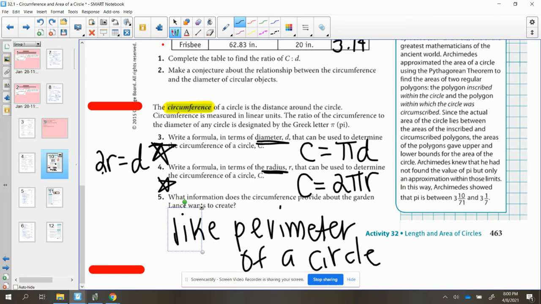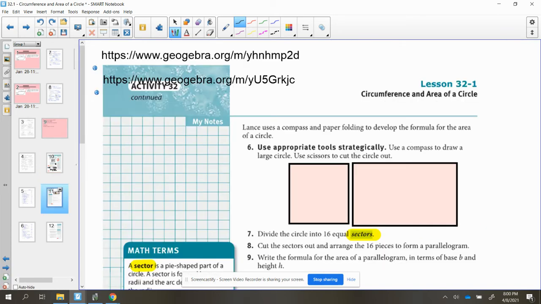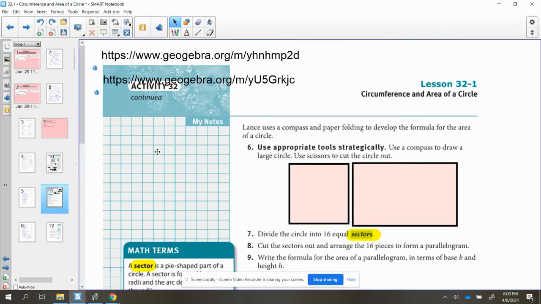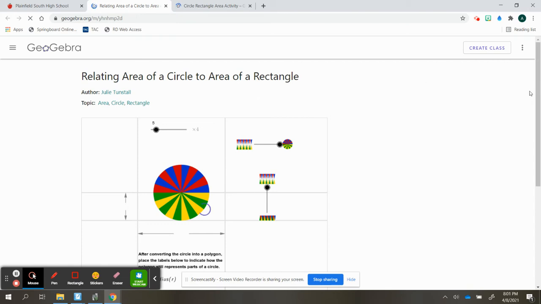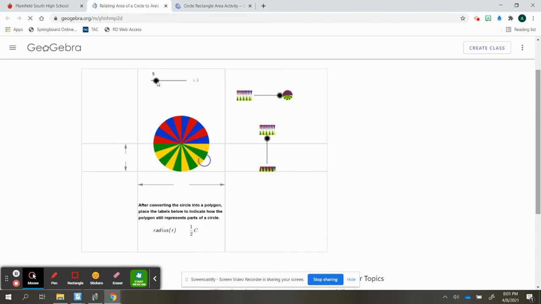Now, there is also a relationship between a circle and the area of some figures that we already know. So if we look here, we have a circle, right? And notice it's cut into a bunch of different shapes.